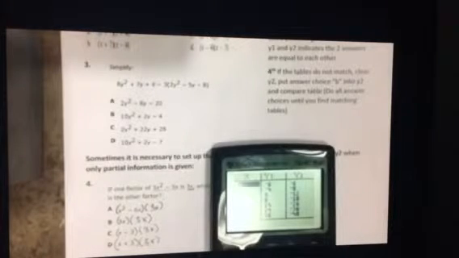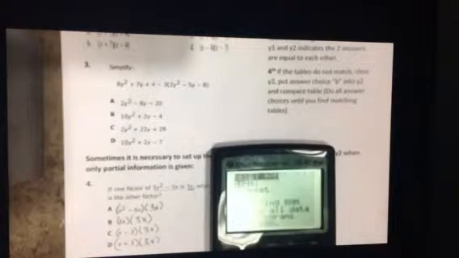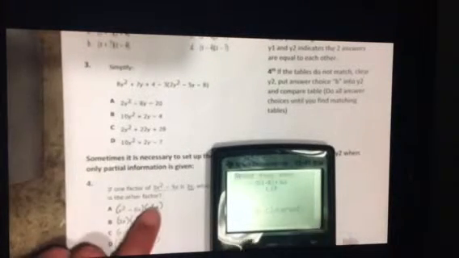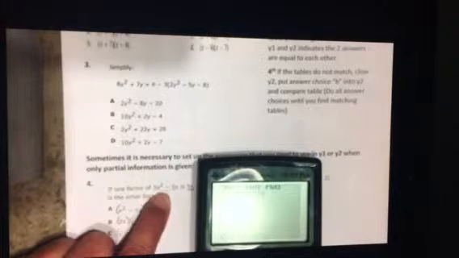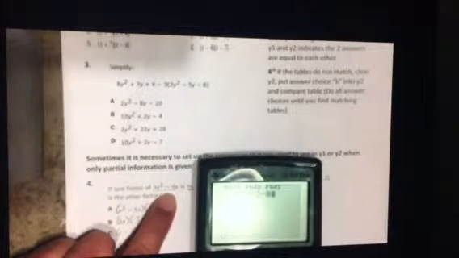So with that in there, clear the calculator. Into y1, I'm going to put 3x raised to the second power minus 9x.